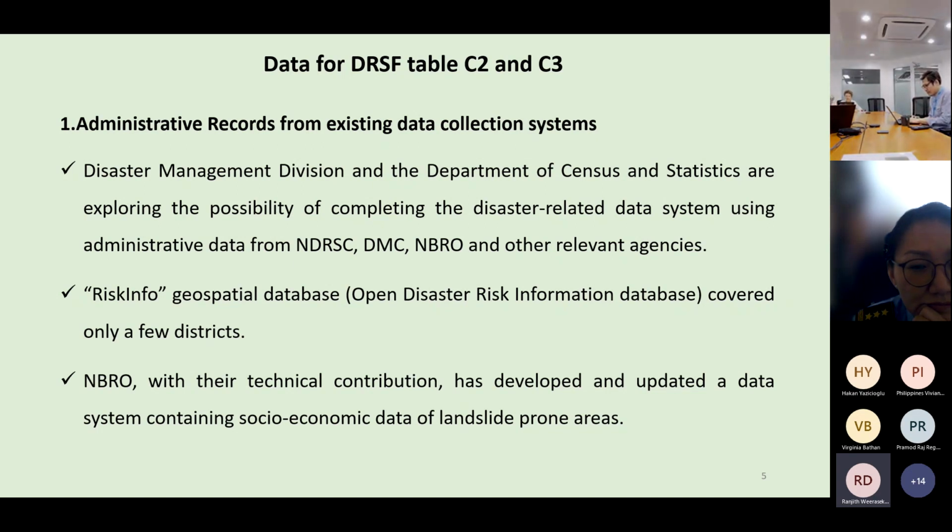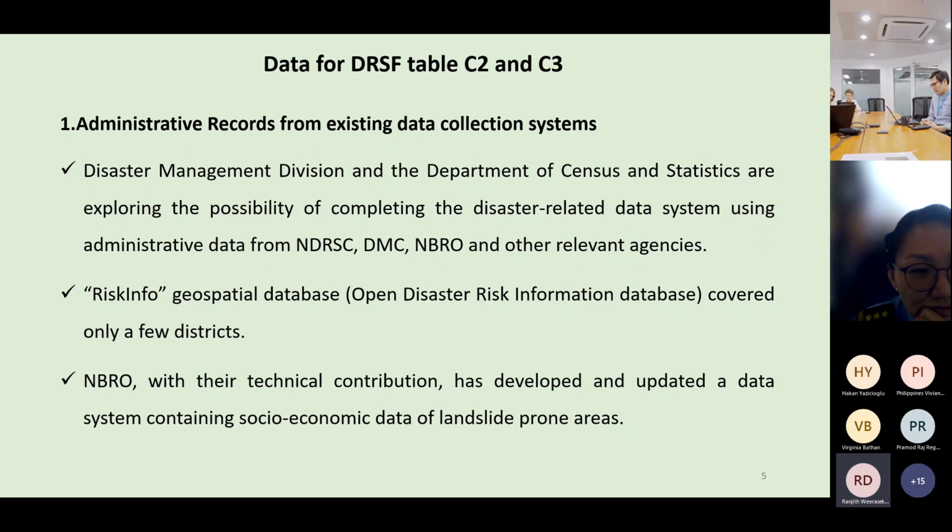In addition to that, the disaster management maintains the risk info geospatial database for collecting disaster data. The problem we face here is that only a few districts of Sri Lanka are covered by the risk information data.